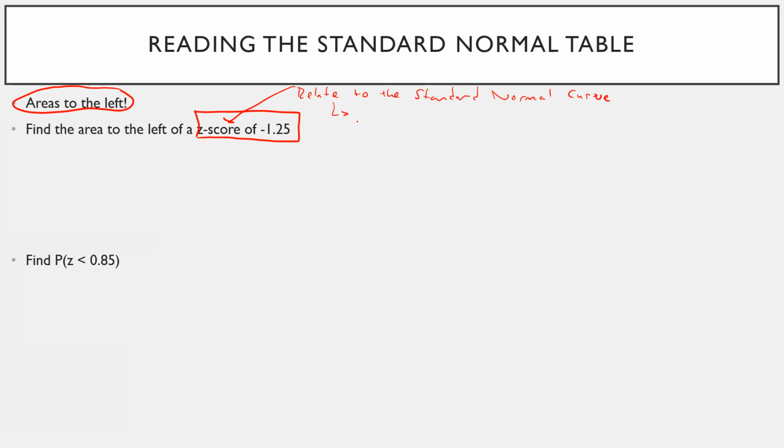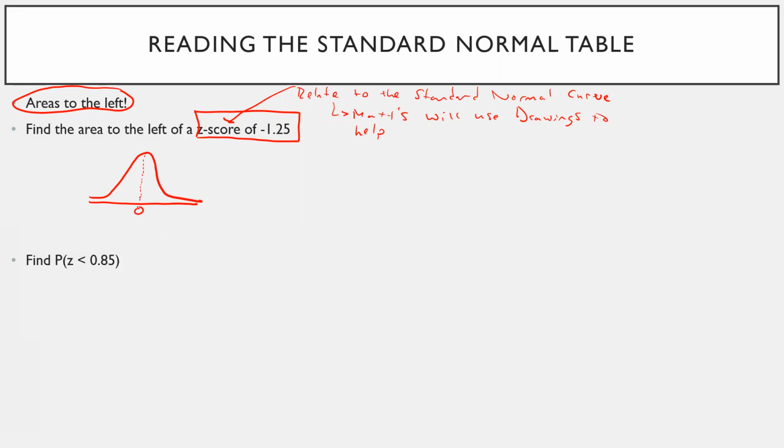For all these problems, I'm going to use drawings to help. To find the area to the left of a z-score of negative 1.25, I'm going to start by drawing the standard normal distribution. It's centered at 0.